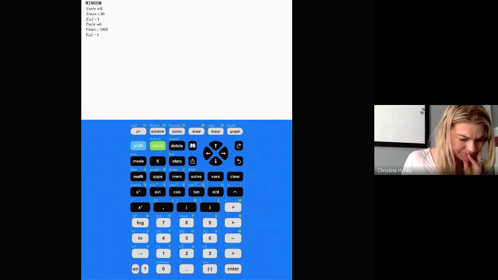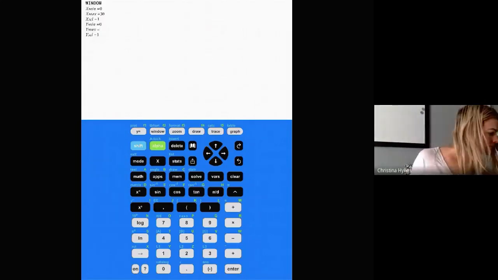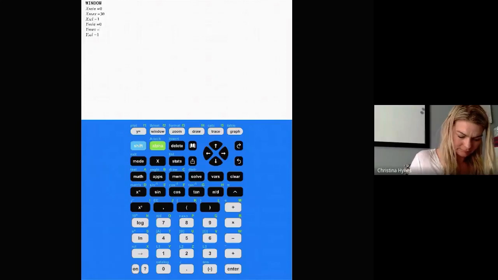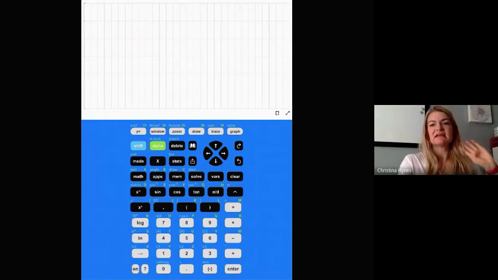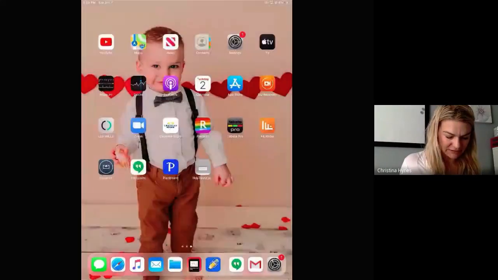Window. Yeah, that's weird. As long as you use the window that they give you, it will graph it for you. I don't know why it's not doing it on this one.